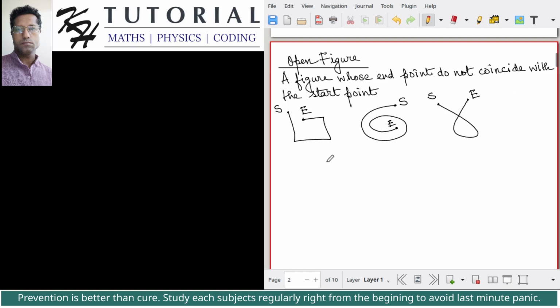Let's see a few more examples. This is also an open figure because this was my start point and this was my end point. I hope it is clear what is meant by an open figure. That is, when you have drawn the figure, the starting point and the end point are not the same, they are not coinciding, they are different.